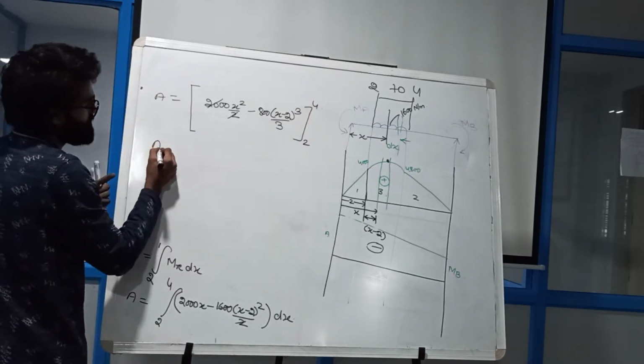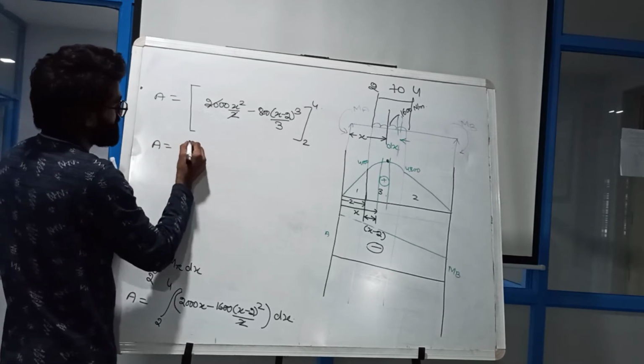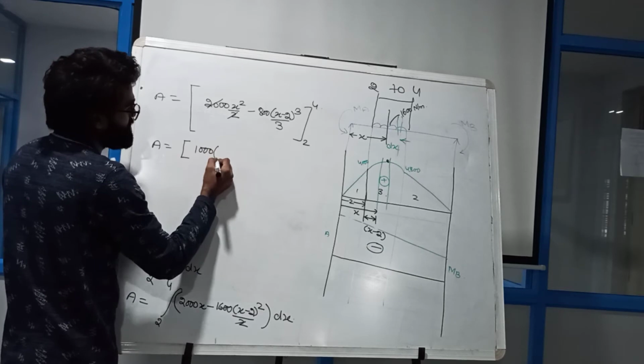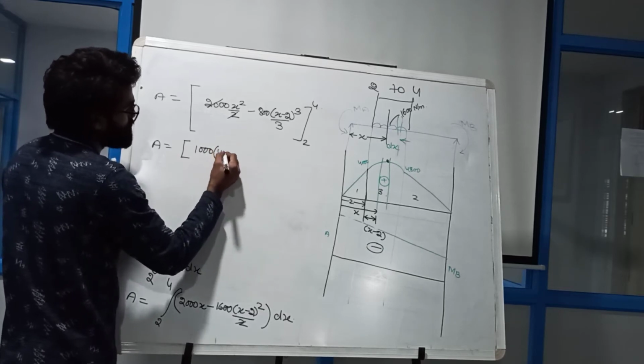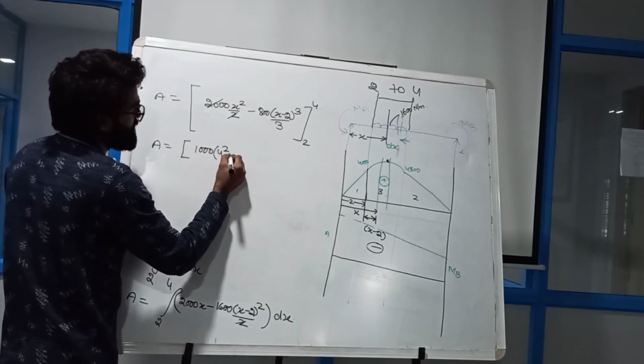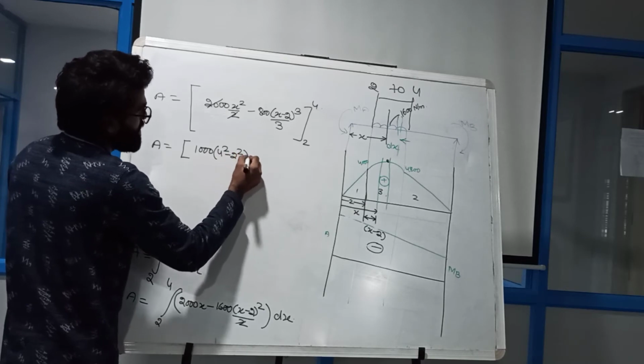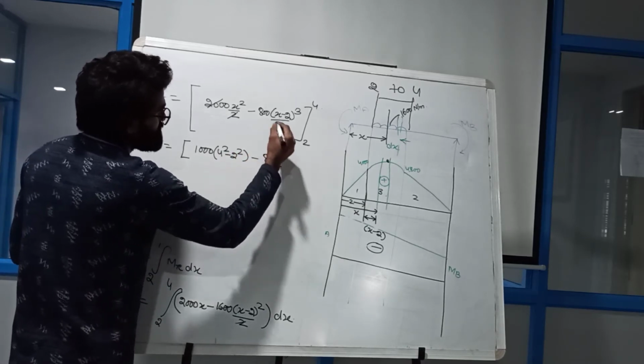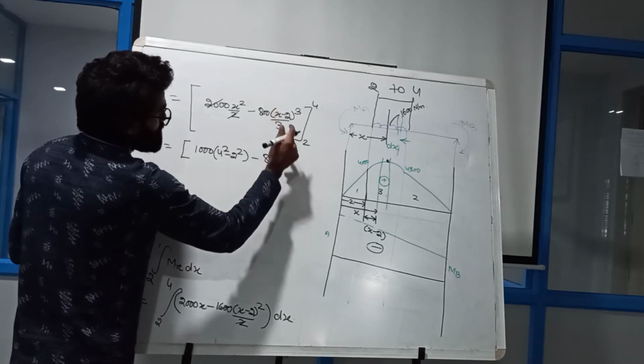If I simplify this, from here I am going to get 1000. Put the limits: upper limit minus lower limit. So 4 squared minus 2 squared, and from here 800, and the value of x I will put here.